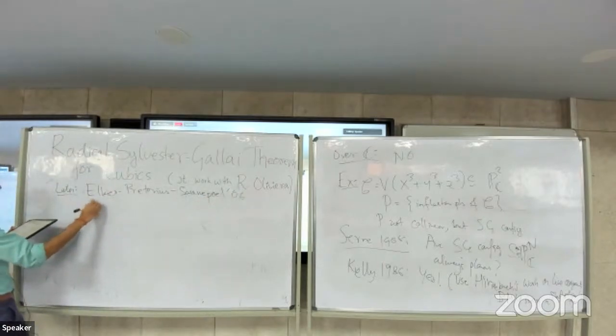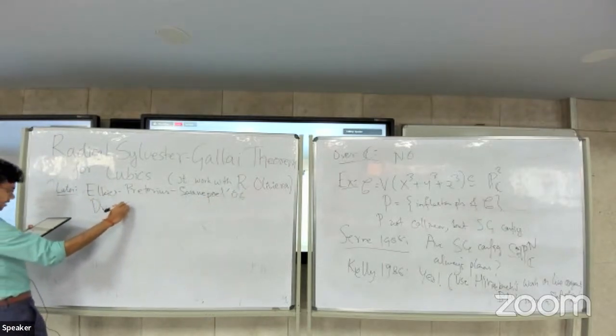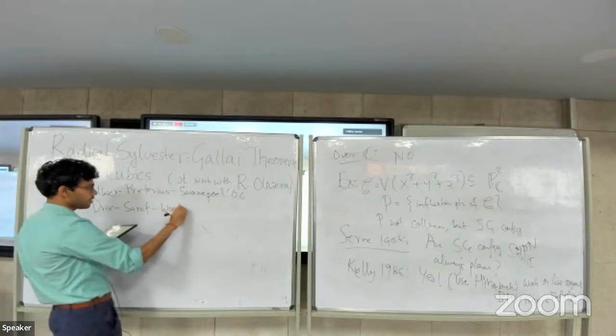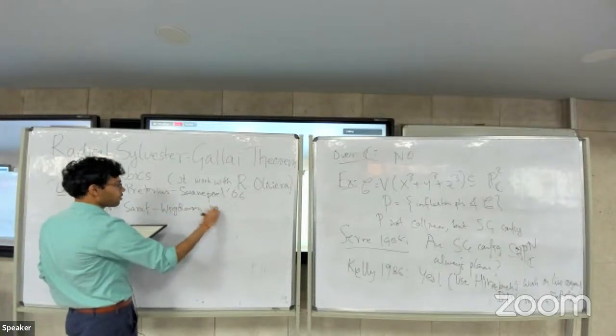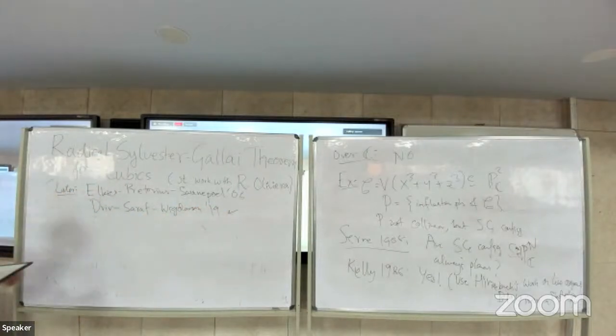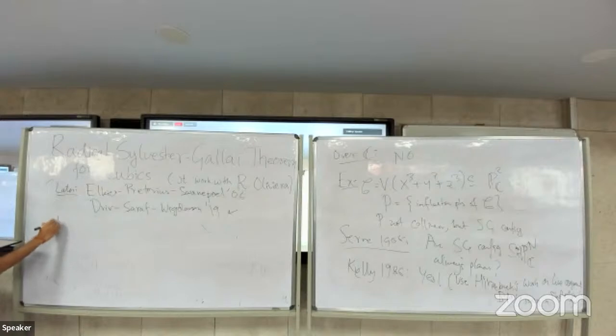Then it was proved by Zeev Dvir, Saraf, and Wigderson. This proof just uses linear algebra, and this is also elementary. They reproved this, and they did something better, which is the robust version.